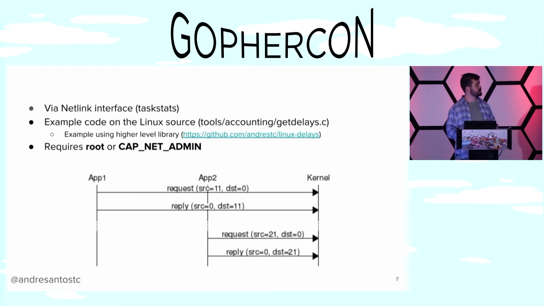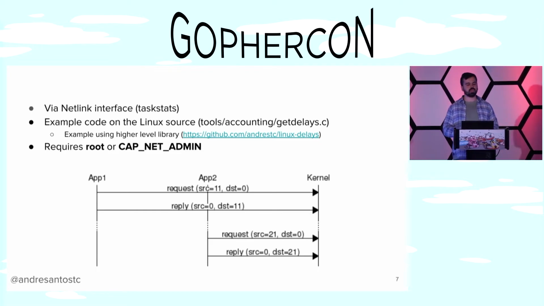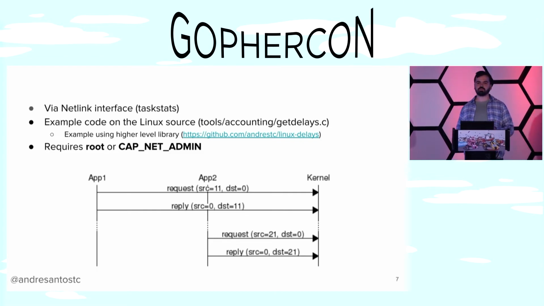All this information is exposed by the kernel via the netlink interface, more specifically the taskstats interface, and the netlink interface is simply an interface that user space programs can use to communicate with the kernel by exchanging messages. The Linux source code comes with an example of how one could approach getting those delay information.